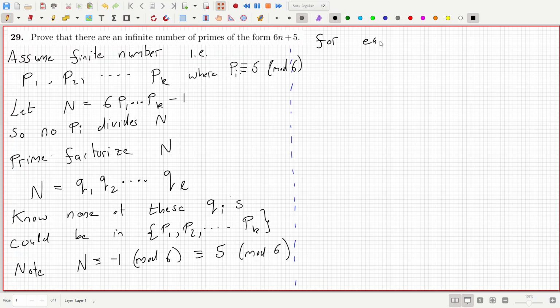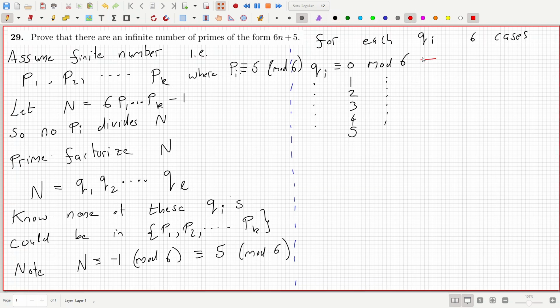For each qi, we could have 6 cases: qi is 0, 1, 2, 3, 4, 5 mod 6. I won't bother writing qi and mod 6 each time.